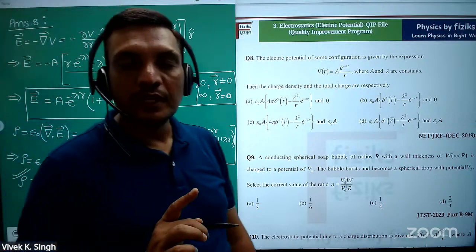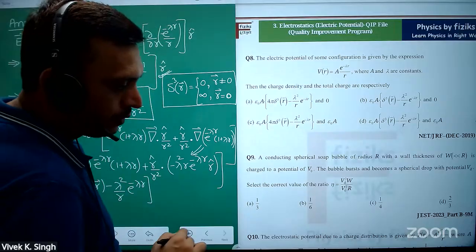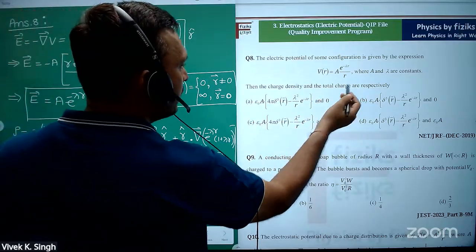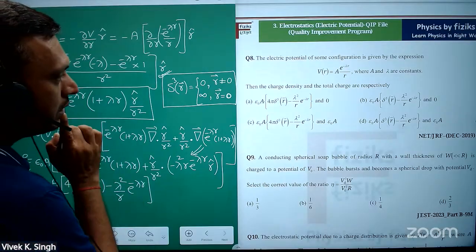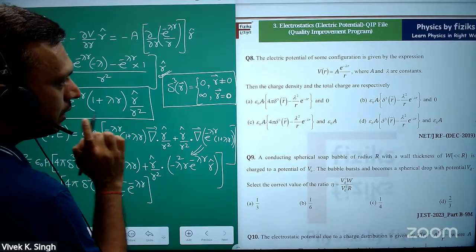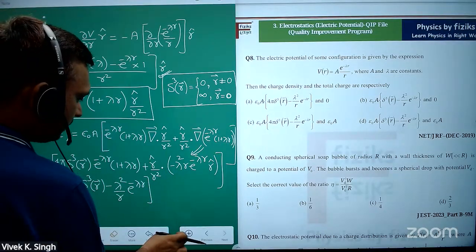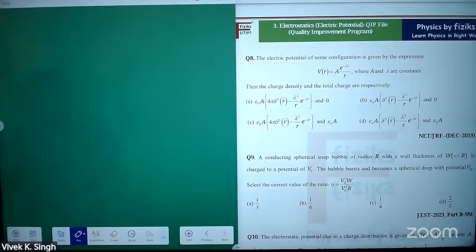And now once you know the charge density, you can find the total charge. So let's see what will be the total charge now. Total charge is given by Q enclosed is the volume integral of rho d tau.